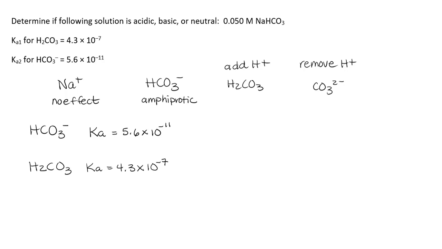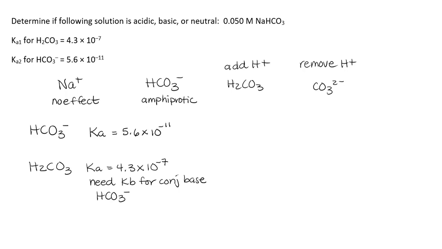But that is not what I need for this part of the problem. What I need is a Kb. I need the Kb for the conjugate base of H2CO3. And the conjugate base of H2CO3 is bicarbonate. So I need to calculate this.